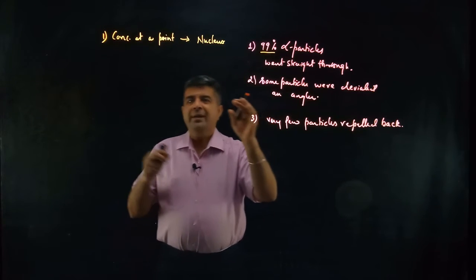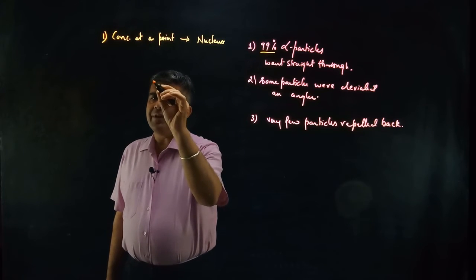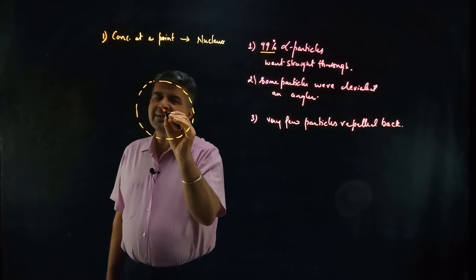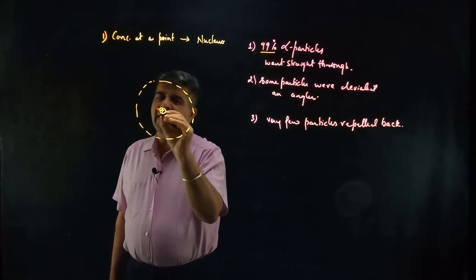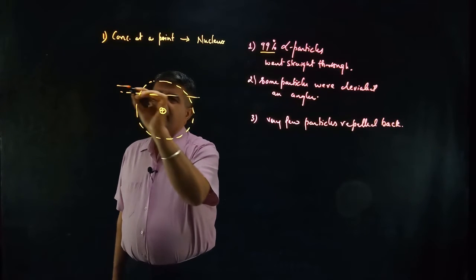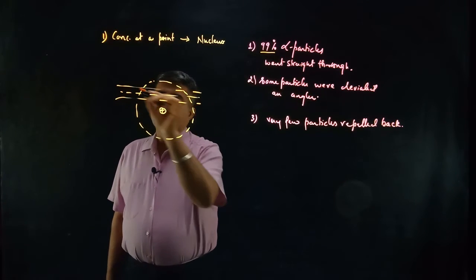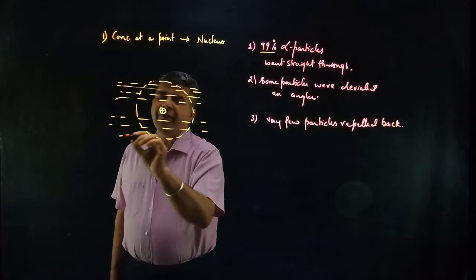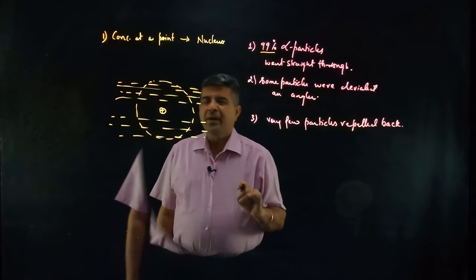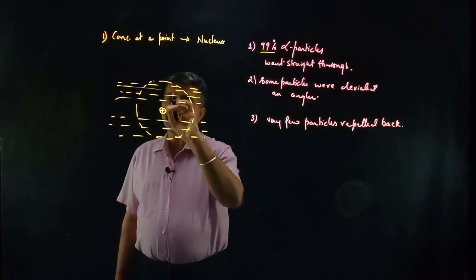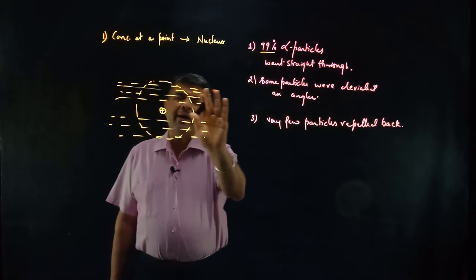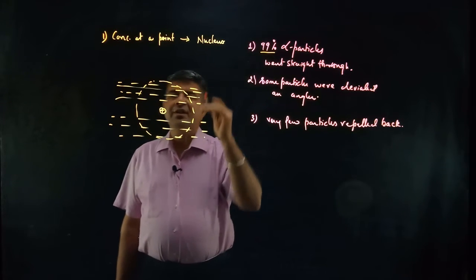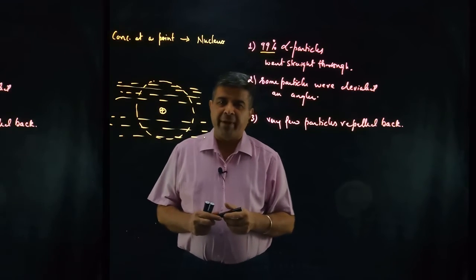The reason for concluding this was, if this is an atom and the majority of alpha particles are crossing this atom, then the nucleus, which is positively charged, should be very small in size, and positive charge should be present at a point, so that only then would the alpha particles pass through the atom. So this was the first conclusion of his experiment.